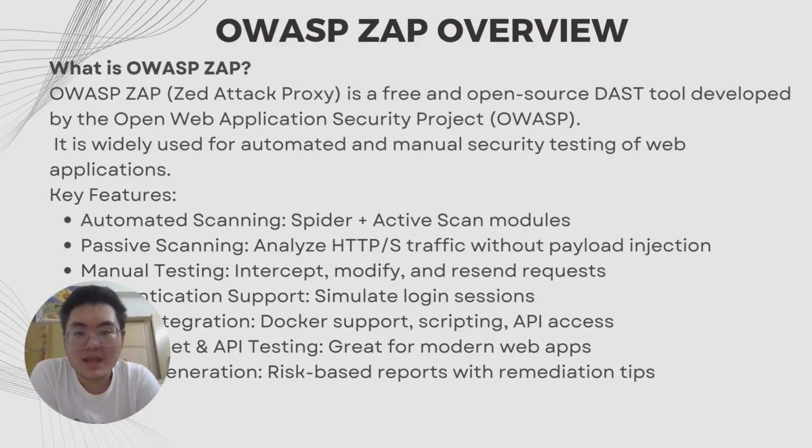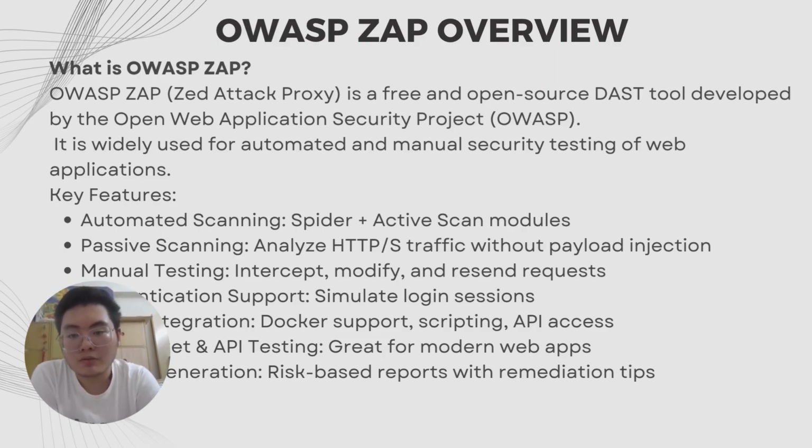To perform DAST, one of the most popular tools is OWASP ZAP, which stands for Zed Attack Proxy. It is a free and open source tool developed by the OWASP community and is widely used by security professionals and developers.